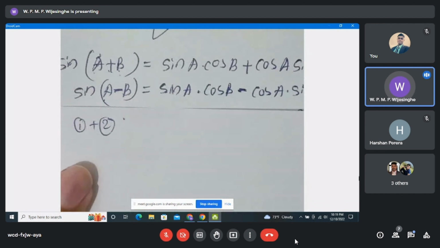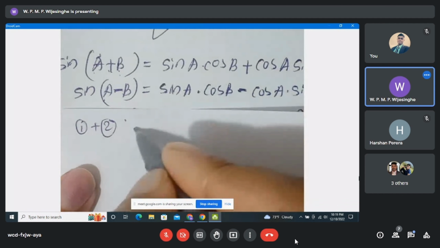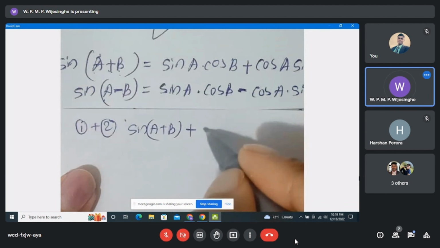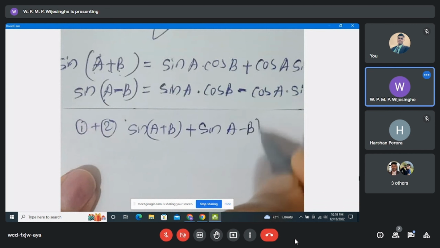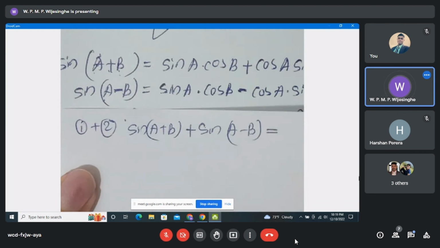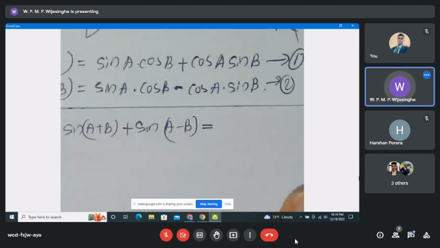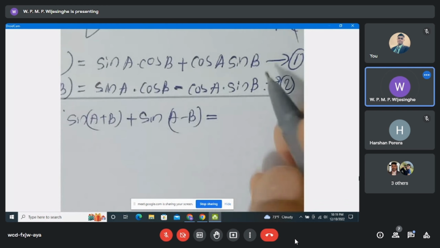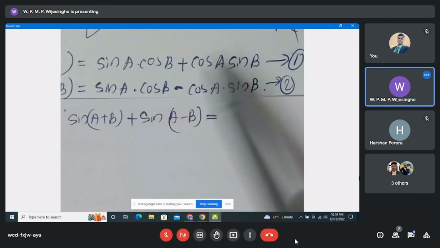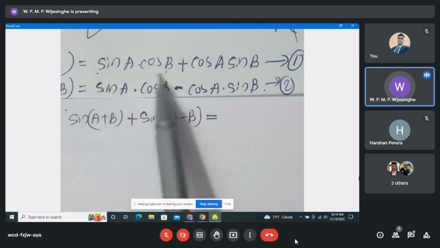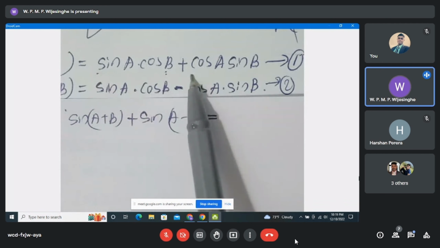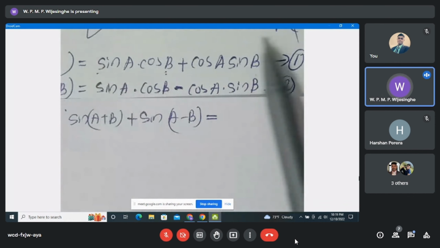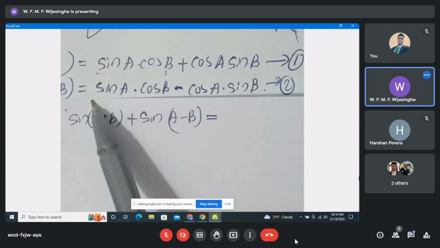means in the left hand side it is sin A plus B, and here sin A minus B, right? It should be equal. The left hand side, it is what? Sin A cos B plus cos A sin B, right? Just do the simplification here.